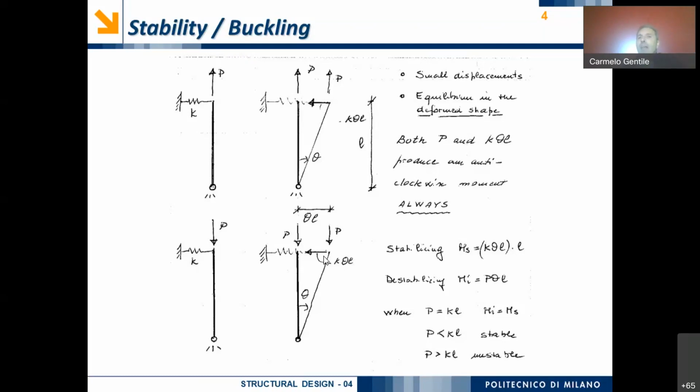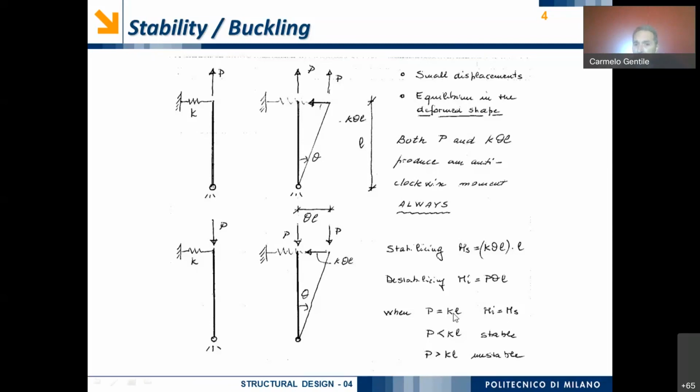If the stabilizing action is dominant, the equilibrium is stable. If the destabilizing action is dominant, then we can say that the equilibrium is unstable. Because if the destabilizing force is dominant, we will have a new equilibrium position which is very far from the original one.